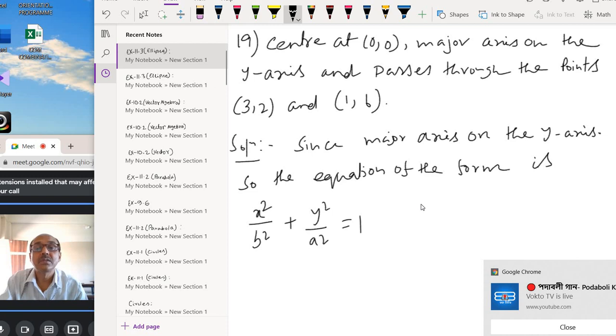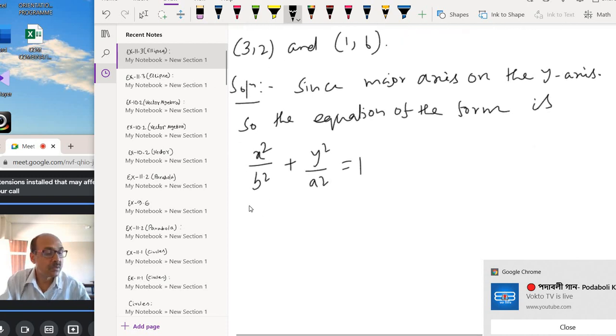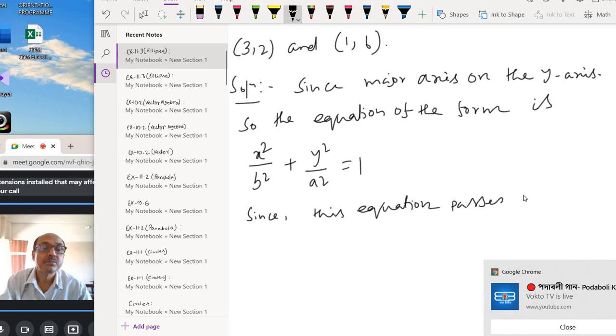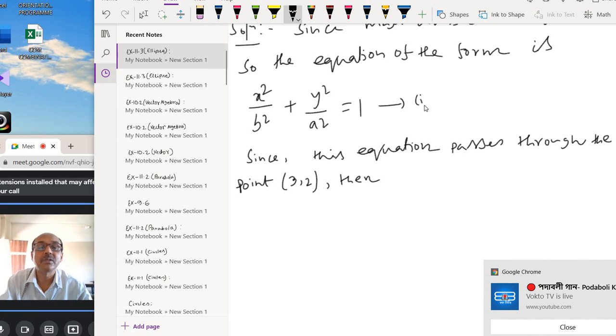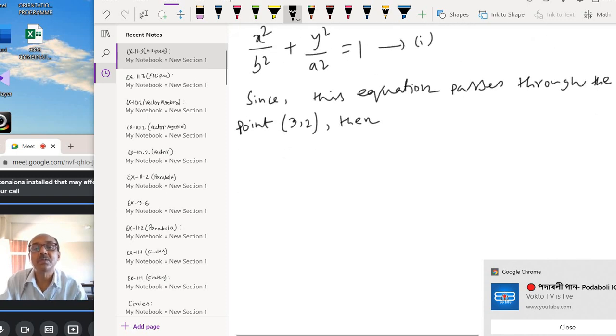Now, since this equation passes through the point 3, 2, put x equal to 3 and y equal to 2 in equation 1.